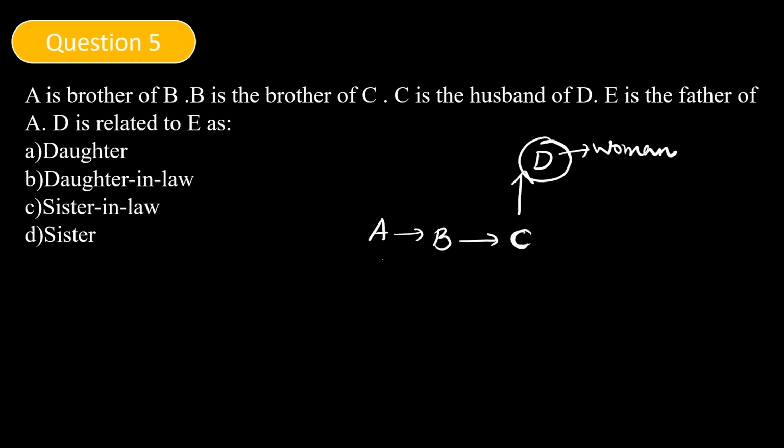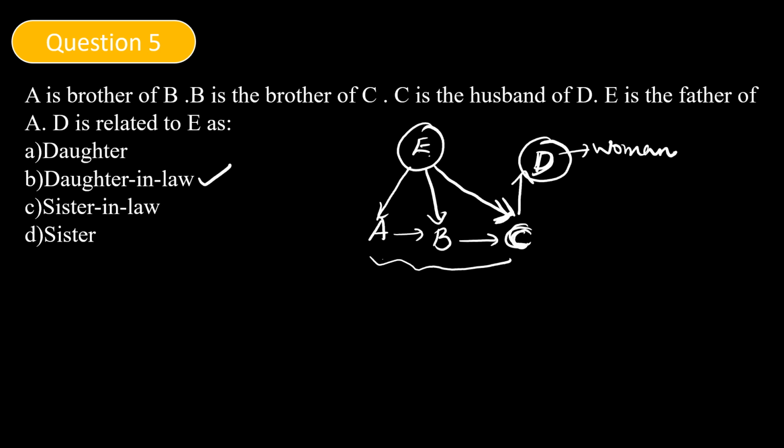Now E is the father of A. Since these three are brothers, E is the father of A, B and also C. E is the father of C. Now how is this woman related to E? E is the father, C is the son, D is the daughter-in-law. So D is related to this father as daughter-in-law. Option B.